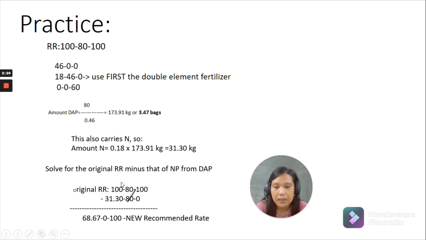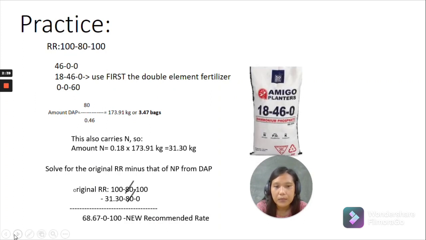So, the remaining nitrogen now is 68.69, and 0 for phosphorus. You have satisfied the recommendation of phosphorus, 80. That is the new recommended rate. So, we are done with 18-46-0.